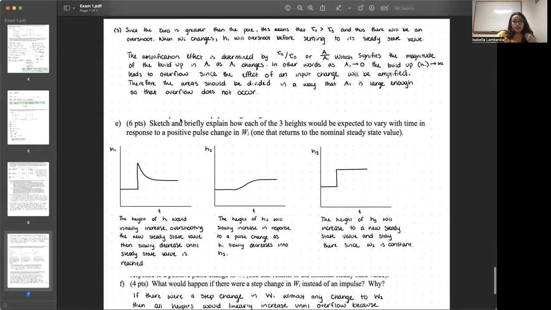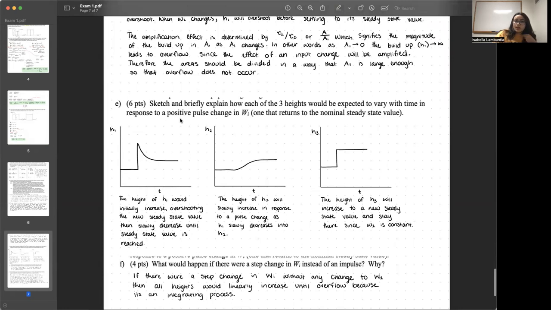So for part E, it asks us to explain how each of the three heights would vary with time in response to a positive pulse change. And the way I like to think about this is a pulse change is like dumping a bucket of water into the inlet flow stream. So it increases rapidly, and then it goes right back to the nominal steady state value.